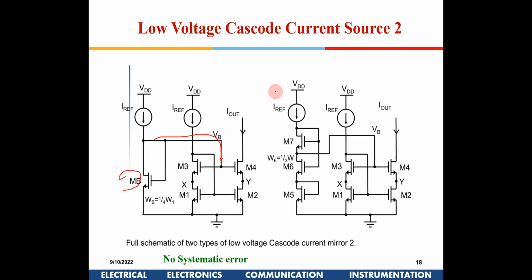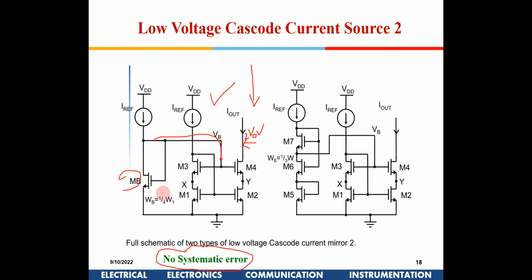Now this circuit is a very useful circuit. If you see here, it doesn't have a systematic error, and it has a very high output impedance when we're looking from here, and that is the second advantage. And the third advantage out here is that the total requirement is just 2 VOV.